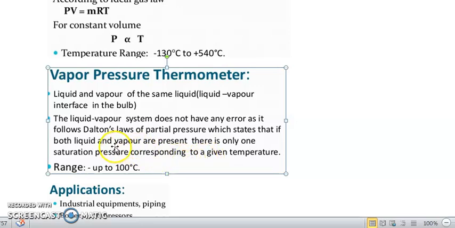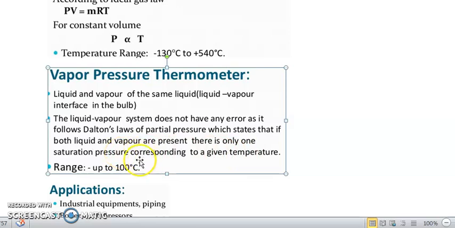It means that if temperature is changing, then the saturation pressure will also change. So for a prescribed temperature, there will be a prescribed saturation pressure.